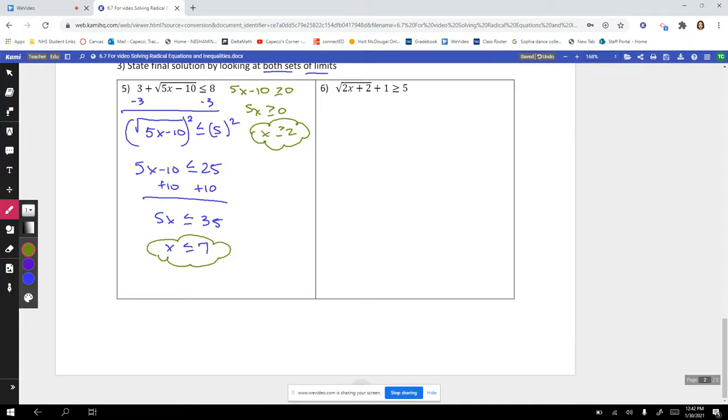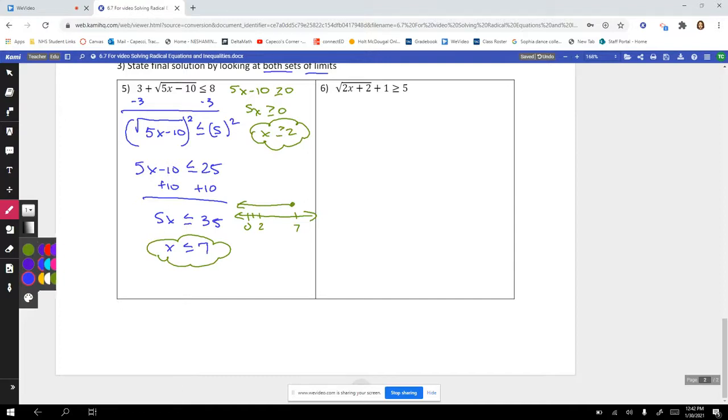So x has to be, remember, somewhere on a number line. I always say when I was a kid, I never liked the number line, but now that I'm a teacher, I can see that the number line really does make sense. It's such a great visual for students, especially those that really need to see it. If I'm talking about numbers that are less than or equal to 7, they're going to go this way.